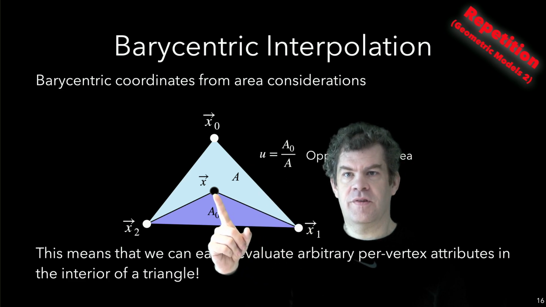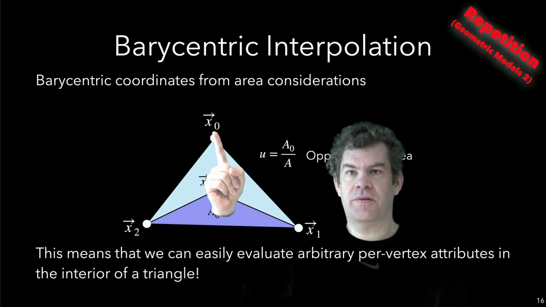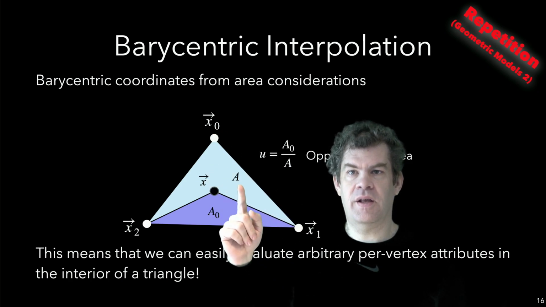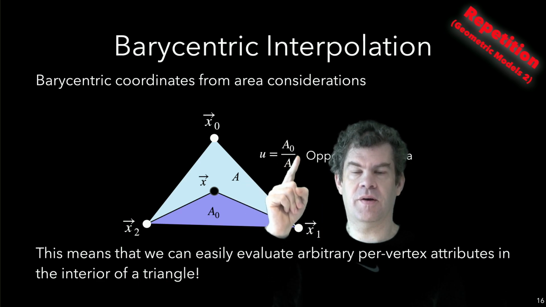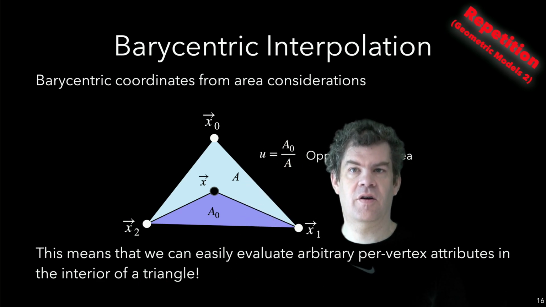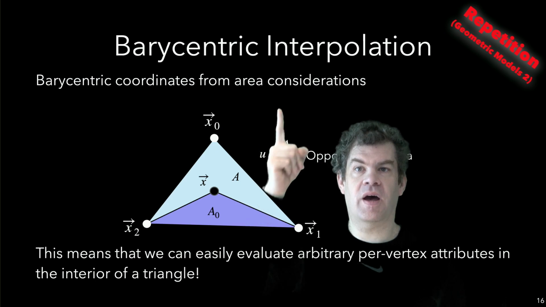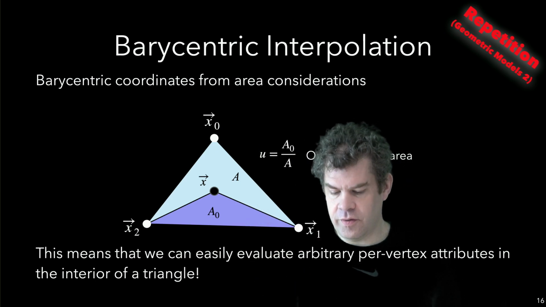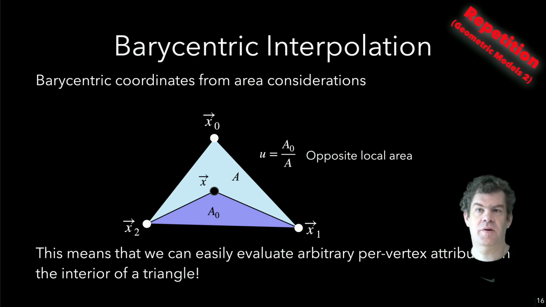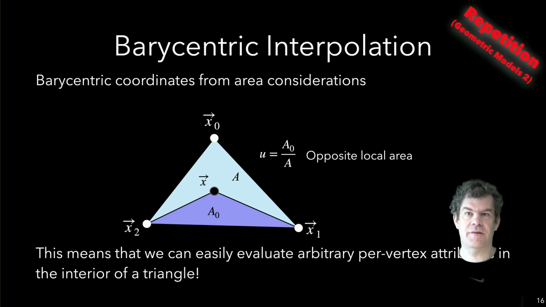If I move this point x towards x0, then a and a0 at one point become equal, so at that point this becomes 1, and it cannot be bigger unless I move the point outside. That gives you a pointer to how to detect whether a point is inside a triangle or not: compute this value and check whether it's negative or bigger than 1.